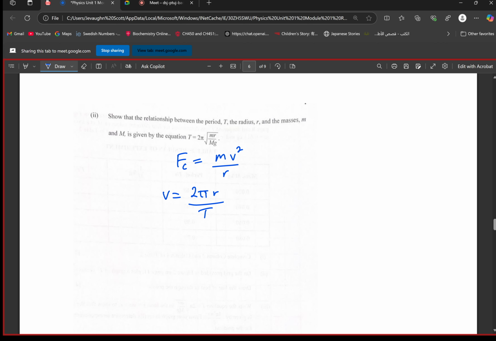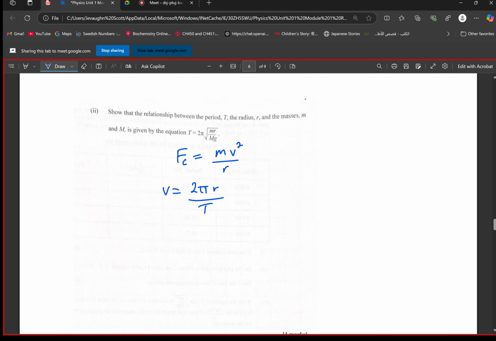Alrighty, so let's substitute. So Fc is equal to m times 2 pi r, let me just use common r, I don't want to use a capital R, over T, all squared, divided by r.